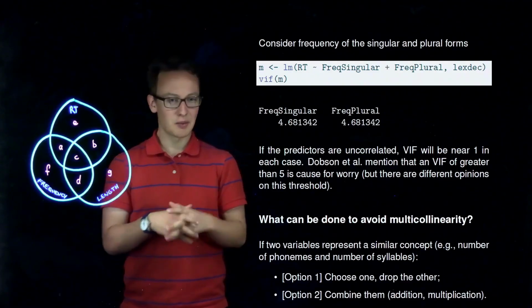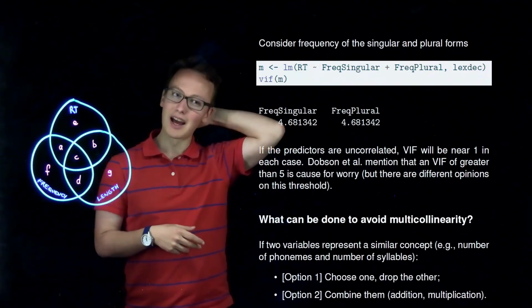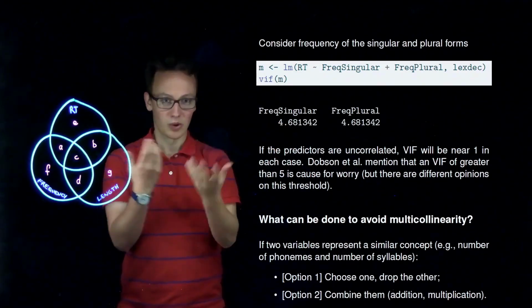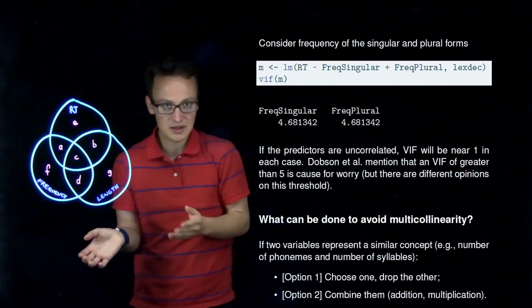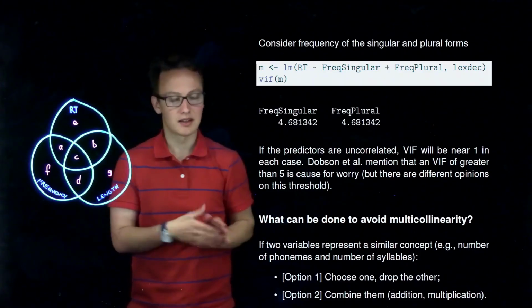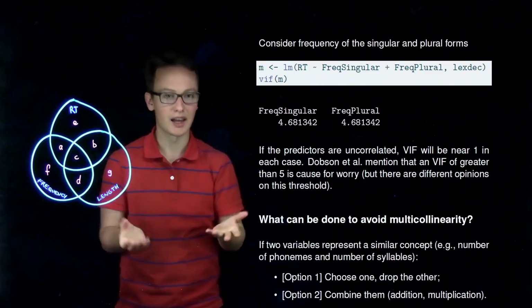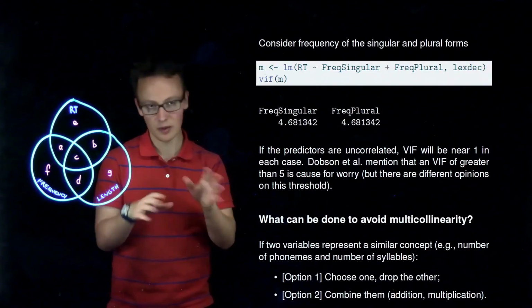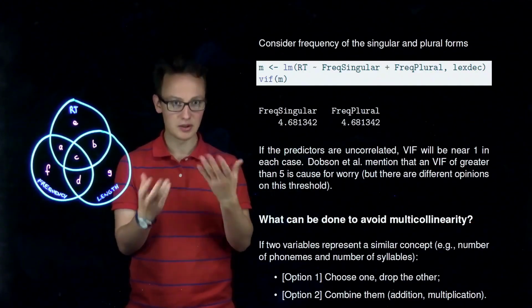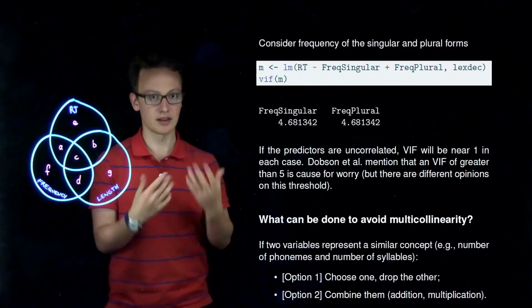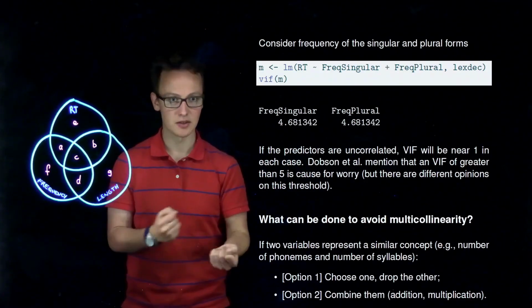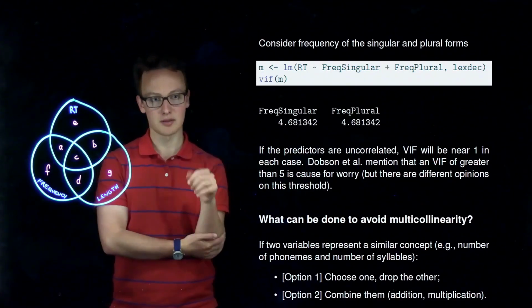Then I could just think what's the more important one and drop the other. The one that I'm more interested in conceptually is maybe the frequency, so I will drop the other in that case if I see that the multicollinearity is too high. If it's not too high, then it always would make sense to keep both, but if it's really too high, like VIF greater than 5, then indeed I have to change gears and do something, and I could just pick one and drop the other.